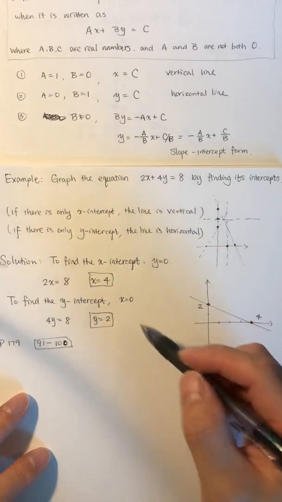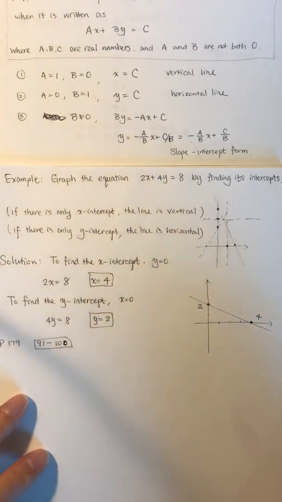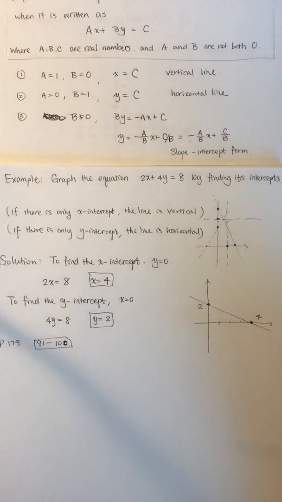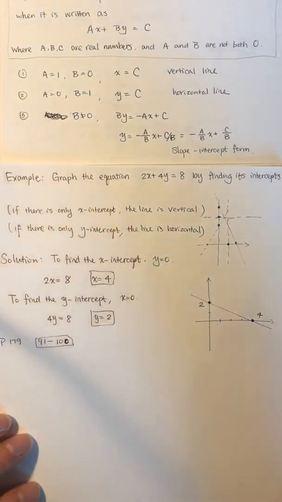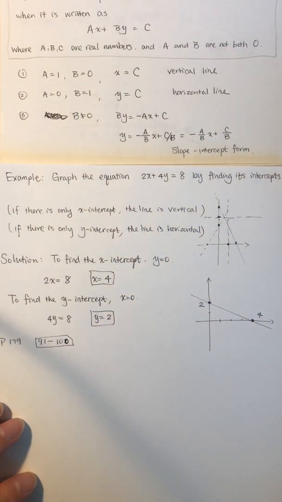You have the general form, you're looking for the x and y-intercepts, and then you graph the equation. So try to do the exercise.